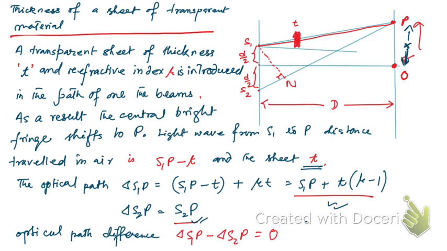If you draw a line, suppose this point is E, and let me draw another line here, this point is F. So this gap is d by 2, and this is also small d by 2.